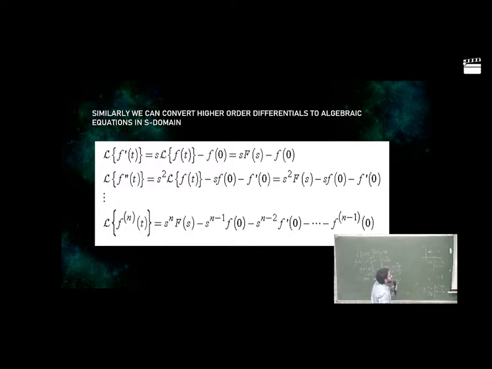So if you take the Laplace of the nth derivative f^n(t), just like you had f dash here giving sF(s), for f^n what will you get? s^n F(s), then we will start decreasing the powers one by one: minus s^(n-1) f(0) minus s^(n-2) f dash (0).